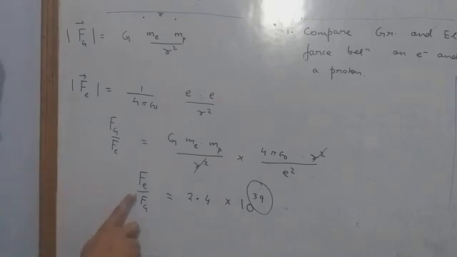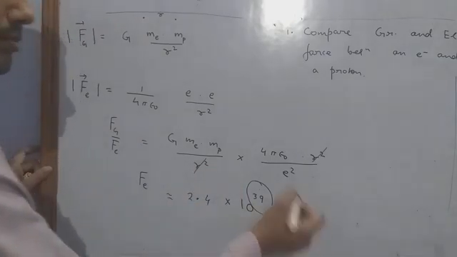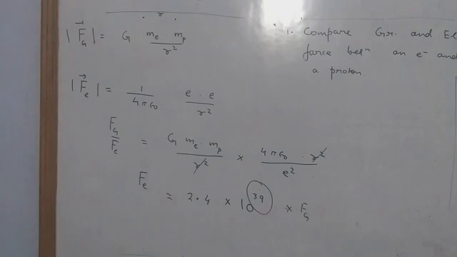We can write that Fe is this big number multiplied by Fg. If you remember, in the first class which I have taken in the beginning of this session, I gave a hint that electrostatic forces are quite stronger as compared to gravitational forces, and here is an example for that.